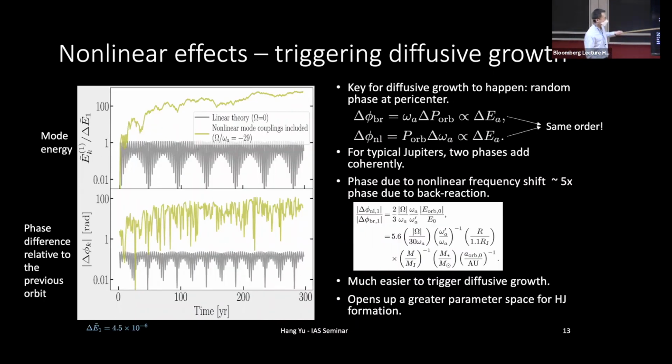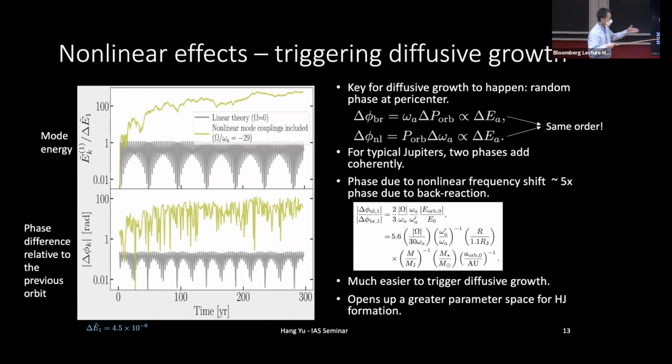So let's quickly look at this plot here. The point I want to emphasize is that if we consider only the linear interaction in this case, then the phase difference between two adjacent orbits is too small, less than 1 radian. Therefore, the mode energy will simply oscillate at its one-kick energy. The mode energy doesn't grow to a large value, and the tidal dissipation won't be extremely efficient.